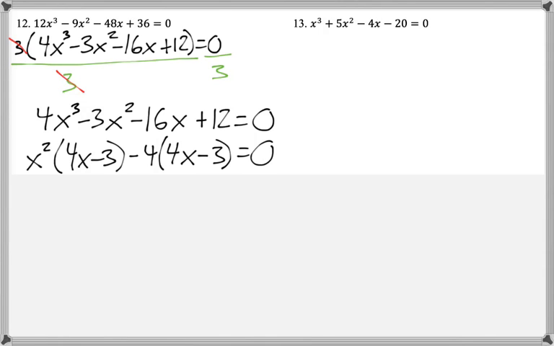So whatever's in parentheses becomes one of our factors, and whatever's outside of parentheses becomes our second factor.